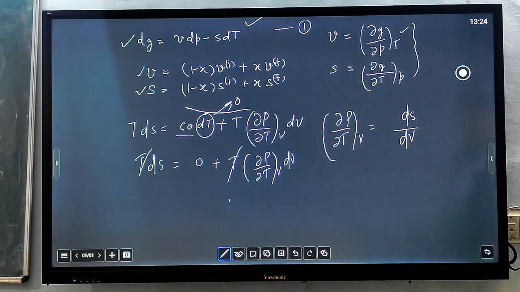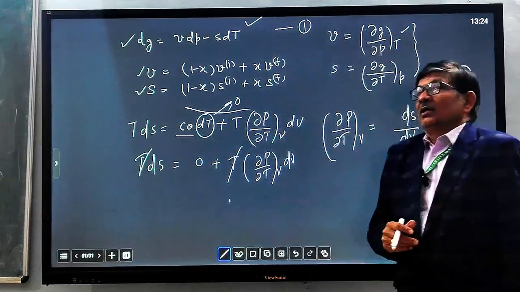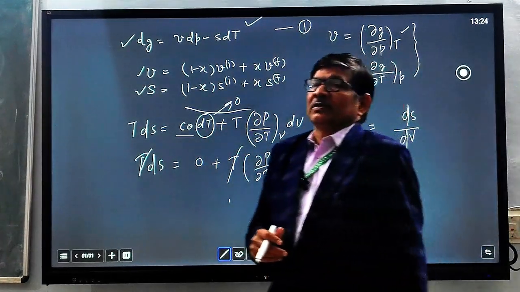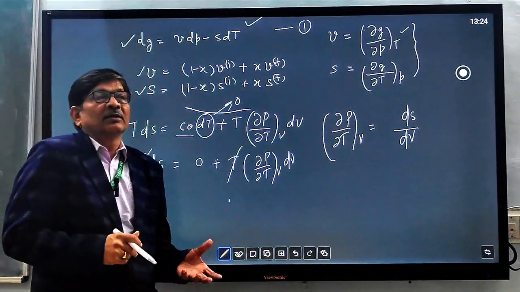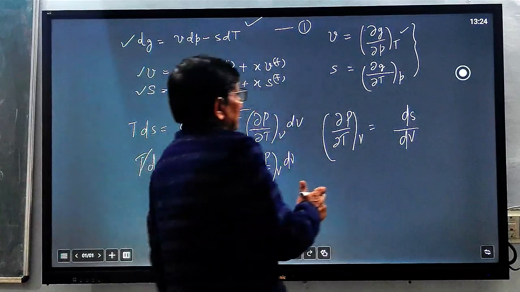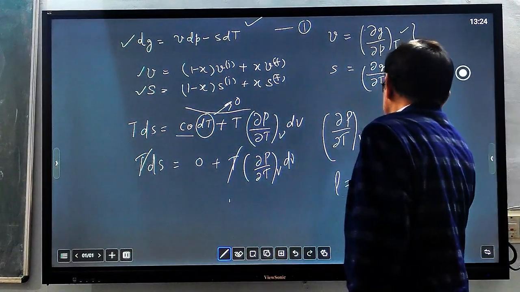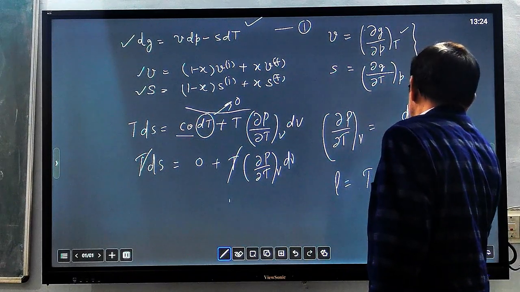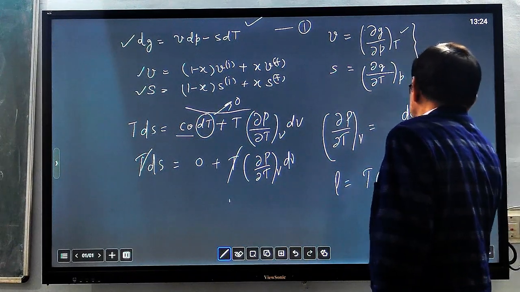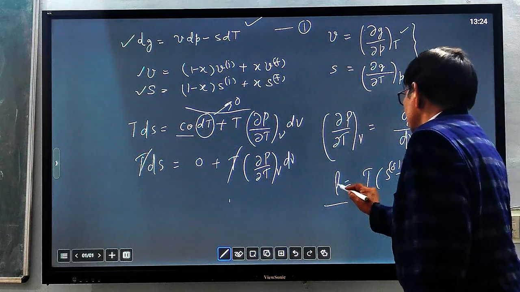So we know that during phase transformation one thing also occurs, latent heat of phase transformation. During phase transformation either latent heat is absorbed or released. So we can define latent heat L equal to T(SF minus SI), because we know that during phase transformation entropy changes and temperature remains constant.